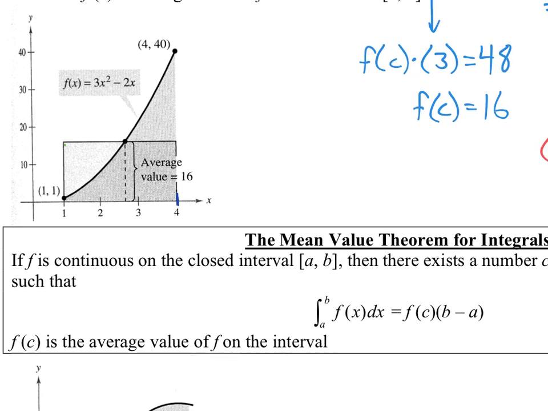Okay, so notice here we got c equal to 2 2/3. There's our c. Okay, f of 2 2/3 we know is 16. Okay, that right there is the average value of the function on the interval. Now notice, if I add 1 and 41 and divide by 2, I don't get 16.